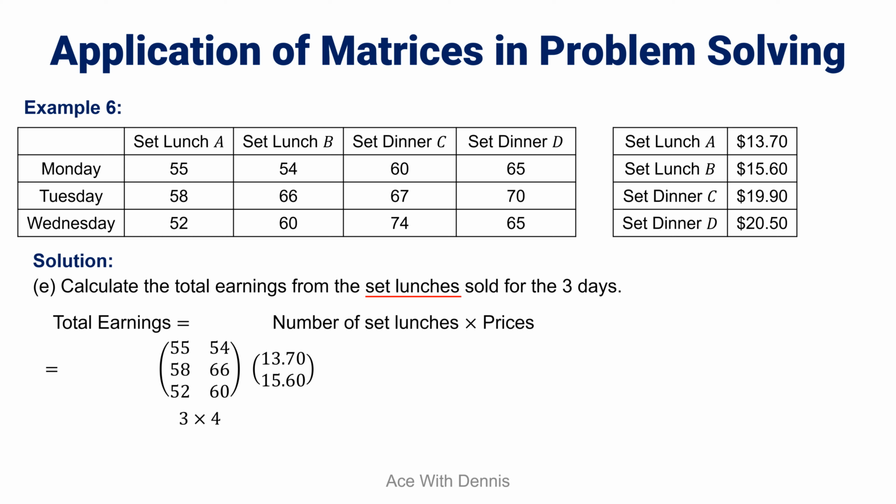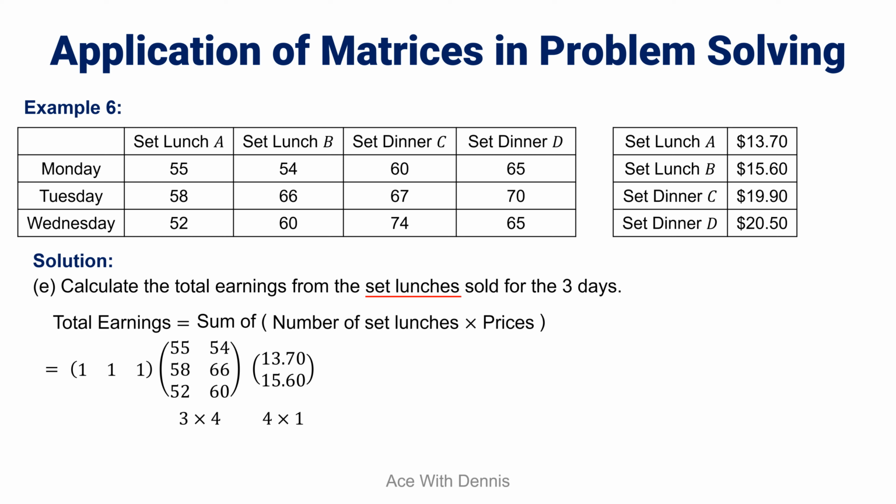Okay, now let's check. The order for this matrix is 3 times 4, and order for this matrix is 4 times 1. Alright, so we can multiply these two matrices together. But this is not the answer to find the total earnings, because we should sum the elements of the products for these matrices.